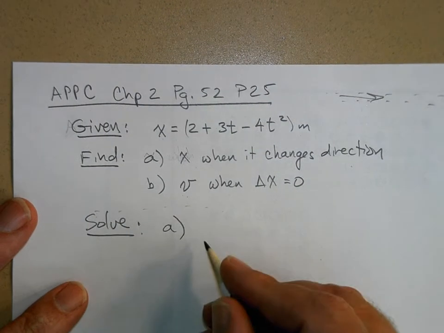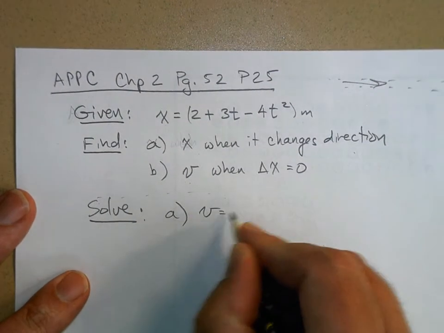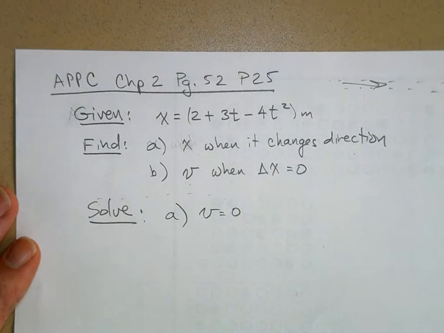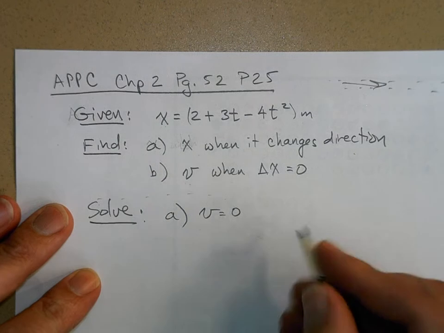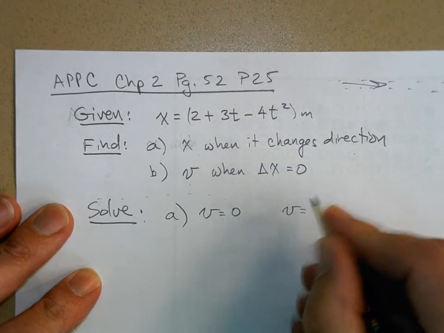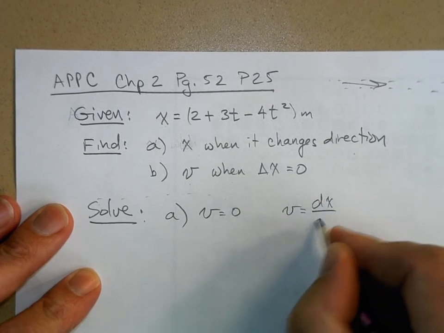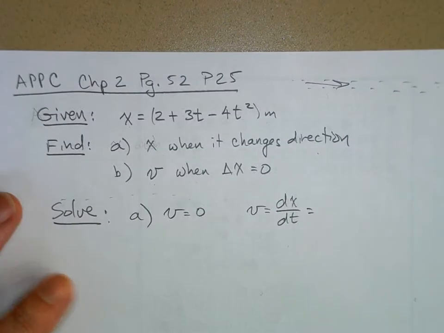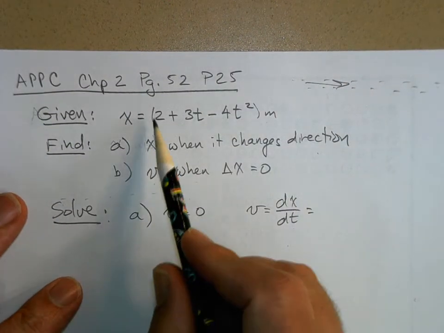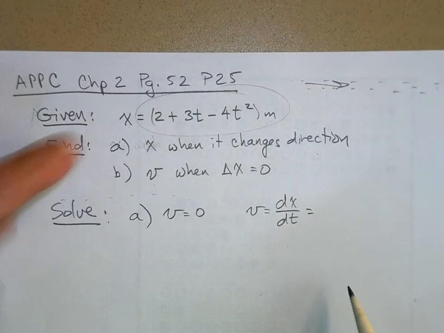So therefore we know that the velocity is going to be equal to 0. Let's figure out when the velocity is equal to 0. We have this position function. We also know that velocity is the derivative of position. And when I operate the derivative on this function, we get this.